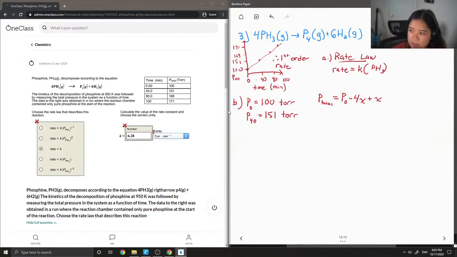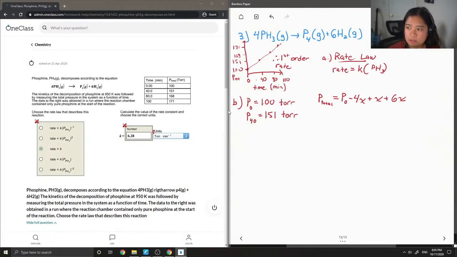plus x plus 6x. So what this means is that as the decomposition reaction occurs, we're going to have 100 torr, and then subtract what we started with, which is our reactants.